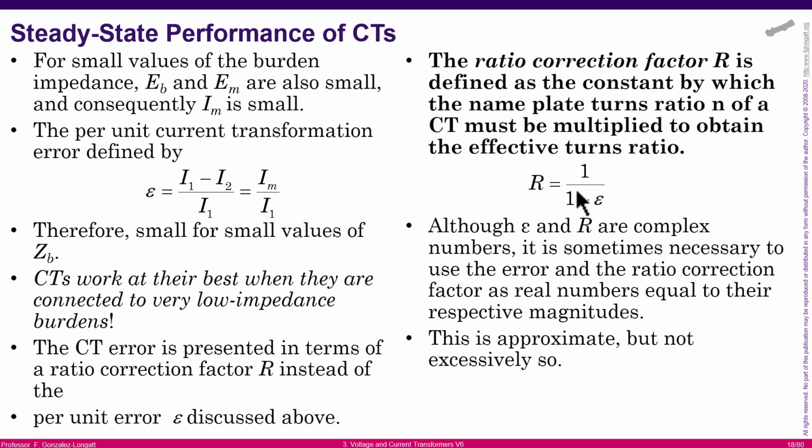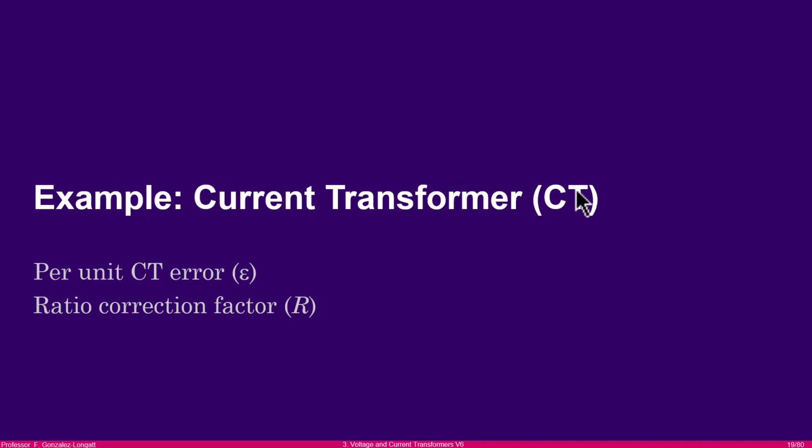Okay? Well, I think it's time to be practical in terms of the steady-state performance of the current transformer. And now I would like to move to an example in order to see the calculation of the per unit current transformer error and the ratio correction factor.